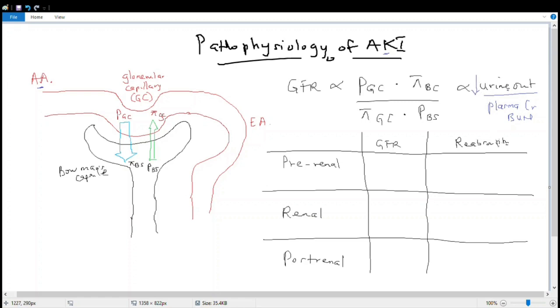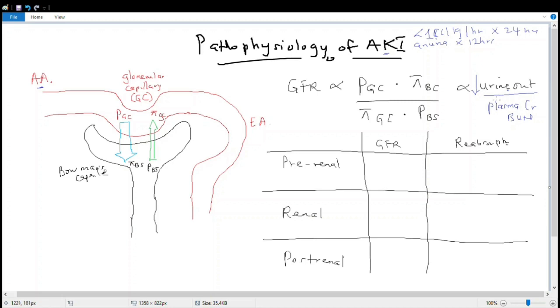So you can define it clinically as maybe less than 1 cc per kilogram per hour of urine within 24 hours, or you can look at it as anuria, so no urine output at all, for 12 hours, right? So that is going to be AKI, acute kidney injury.